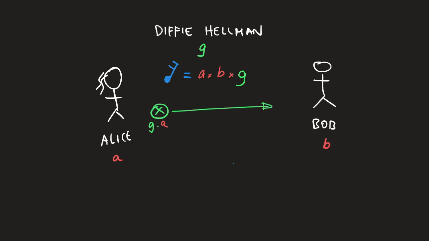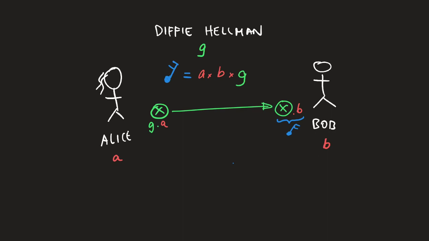And this big X is being sent in the open, so everybody can see it. And what Bob's going to do to calculate his blue key is take this X, multiply it with his secret. So that's basically equal to A times B times G. So now he's got his key.